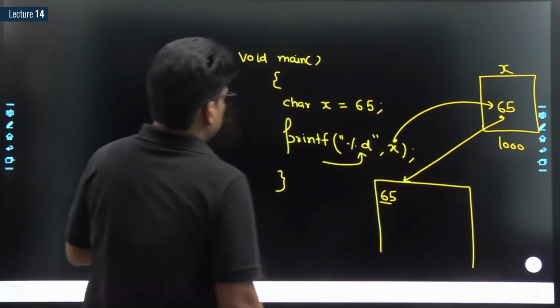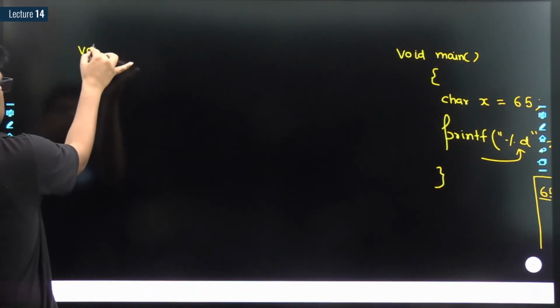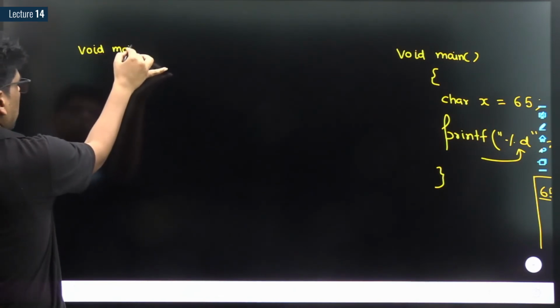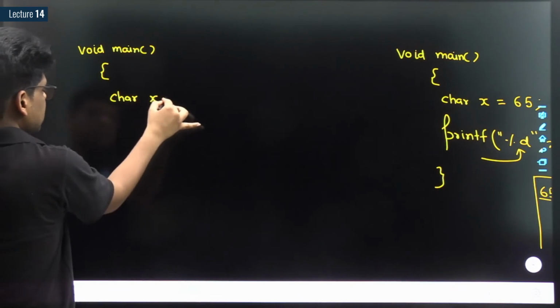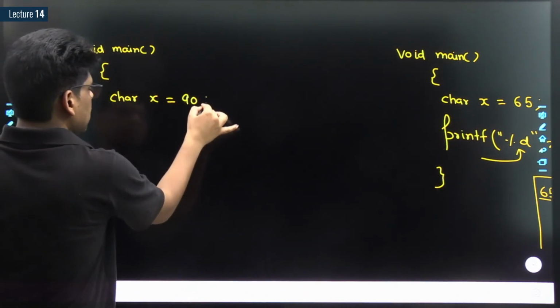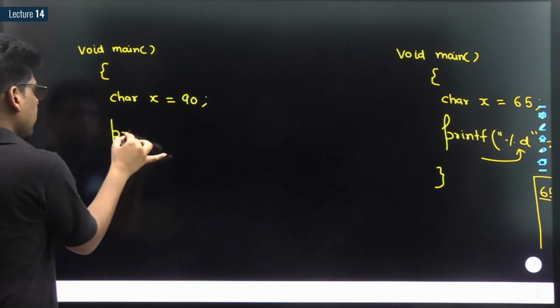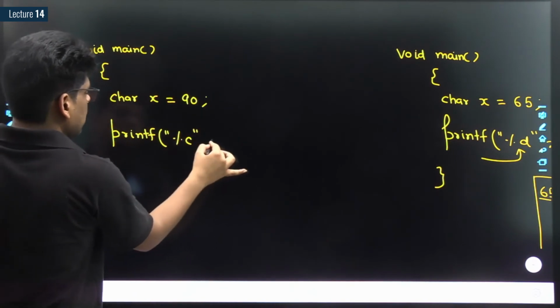Done, sir. But let me again solve some questions. Sir, void main, char x is equal to 90, printf %c comma x.